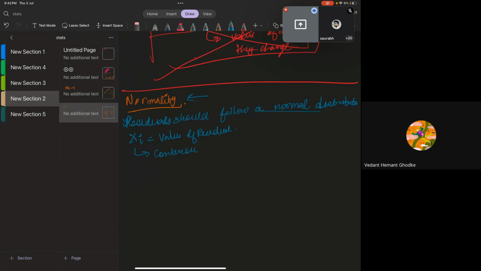Yes or no, everyone? So the plot of the probability of x would be what? A continuous probability distribution. And this plot of p of x, where my x is nothing but the value of the random variable, should be a normal distribution. Clear?